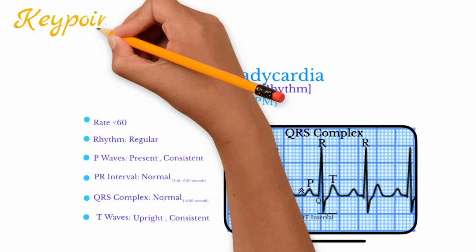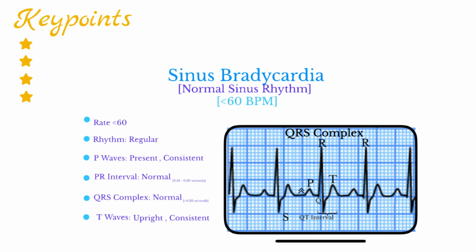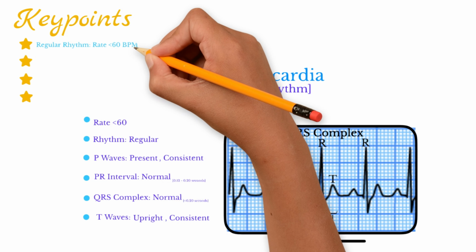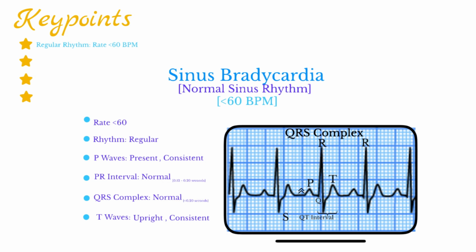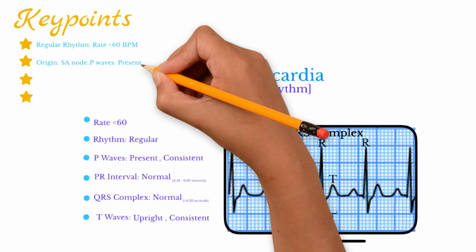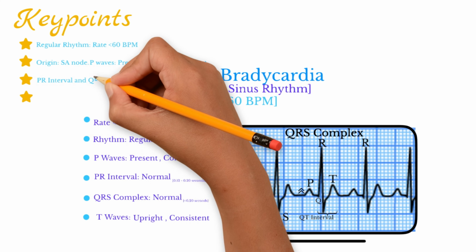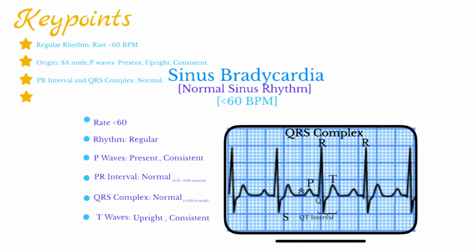The key point to remember is that sinus bradycardia is a regular rhythm with a rate less than 60 beats per minute. It originates from the SA node. So the P waves are present, they are upright, and they are consistent, like I said earlier. The PR interval and the QRS complex are normal.